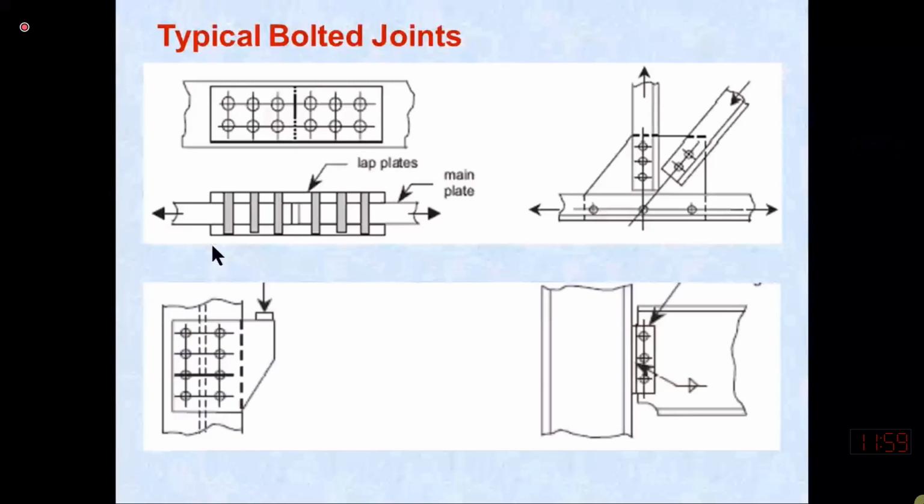In this case, these bolts are subjected to shear. And here we have a different type of bolted connection. So next time we will start from here, and we will see what type of stresses are acting in the fastener. If you have any question at the moment, you can ask me.